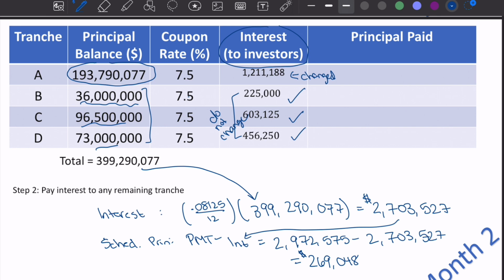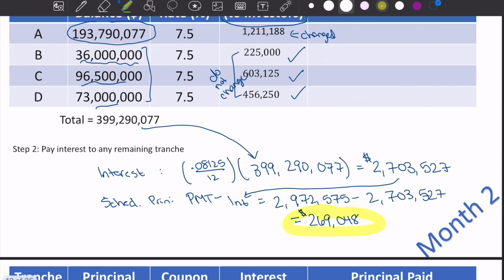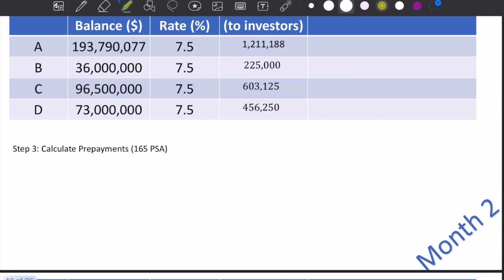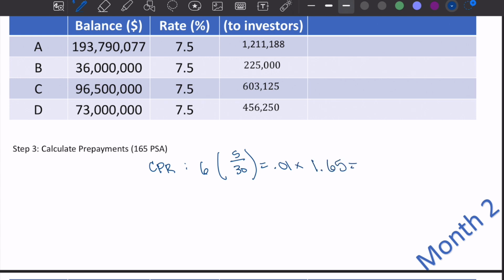Now, next up, we have scheduled principal. We also need prepayment. So prepayment, again, I'm going to go through the steps of doing my conditional prepayment rate. Now my T would be 5 instead of 6. And I'm going to take into account the 165 PSA. I'm going to make that one monthly, so I'm going to get my single monthly mortality rate.